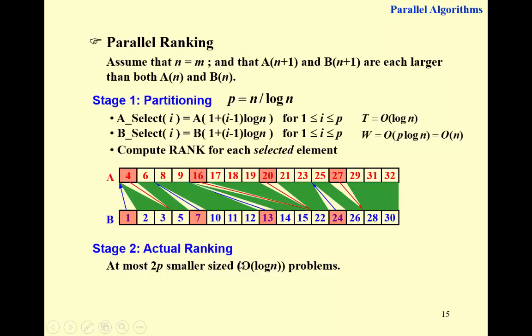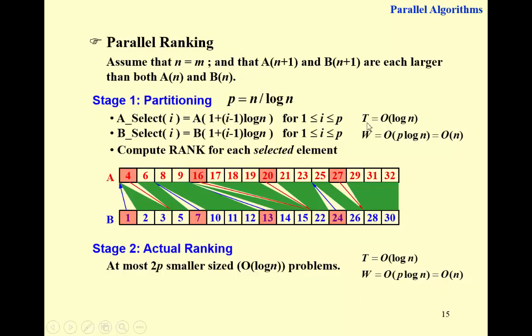And how about the ranking part? Let's just do simple linear ranking for each subproblem. So the runtime will be big O of the size, which is just big O of log n. And the workload, since there are 2p processors with log n work for each, is again p times log n, which is big O of n.